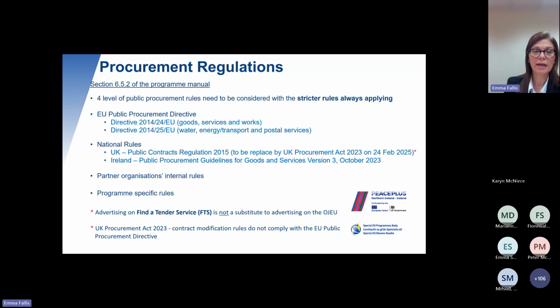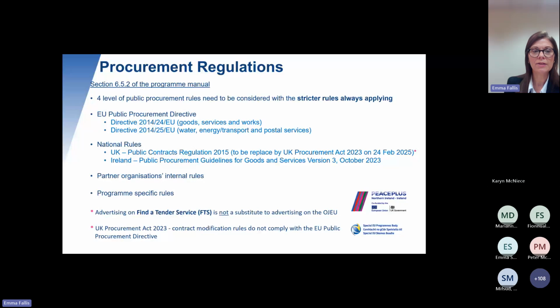But we also have to be mindful there is another directive which relates to water, energy, transport and postal services. Underneath the European rules, the Public Procurement Directive 2014/24 was passed down, and member states were to bring it into their national rules.